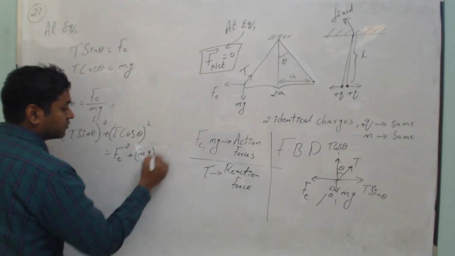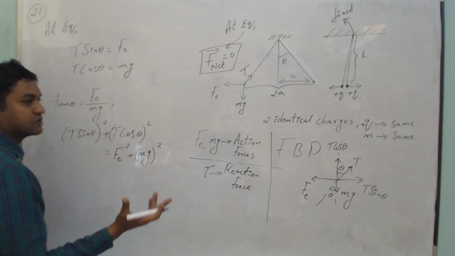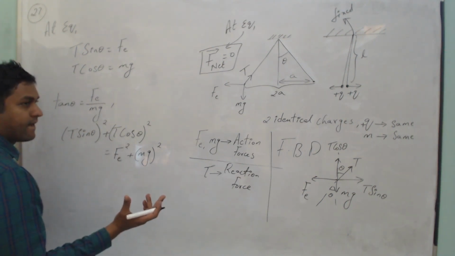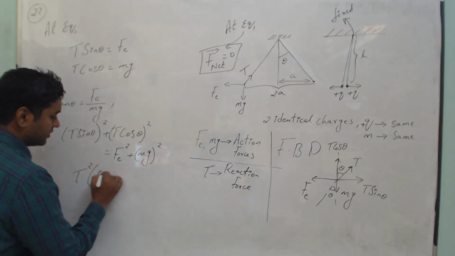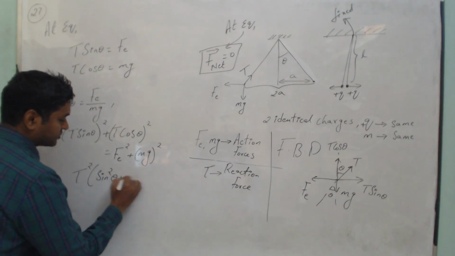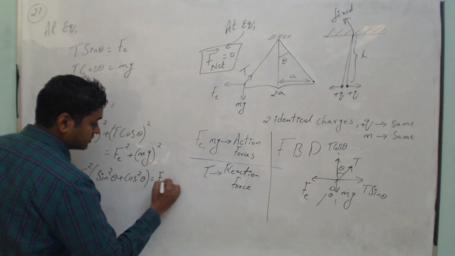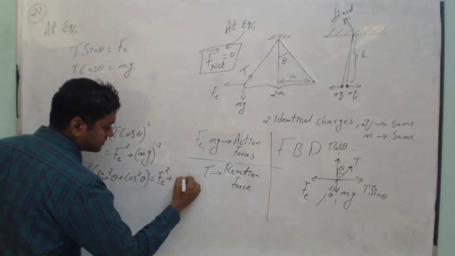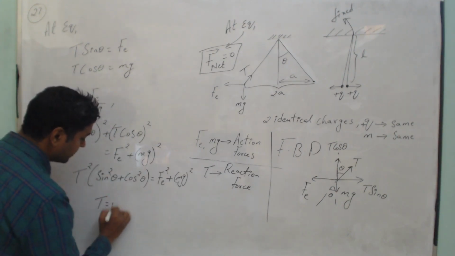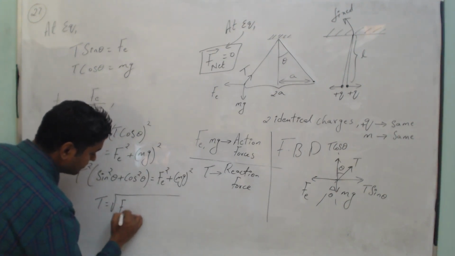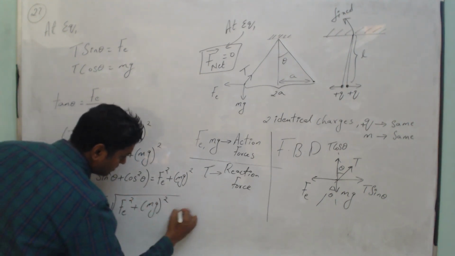But you can already see if you take T square common, sine square theta plus cos square theta is 1, right? So I'll get the equation like this. So basically, I can directly write tension is under root of Fe square plus mg square. Is this clear?